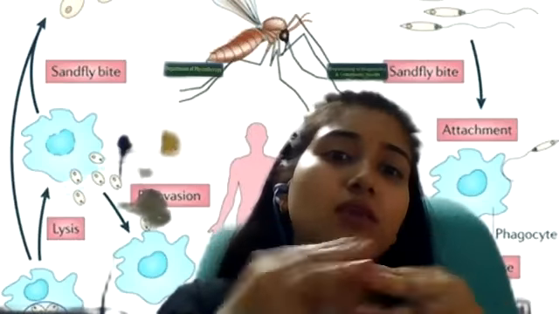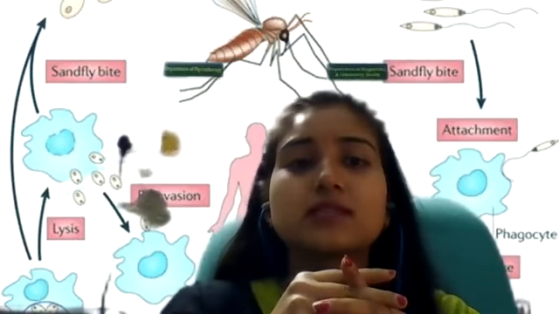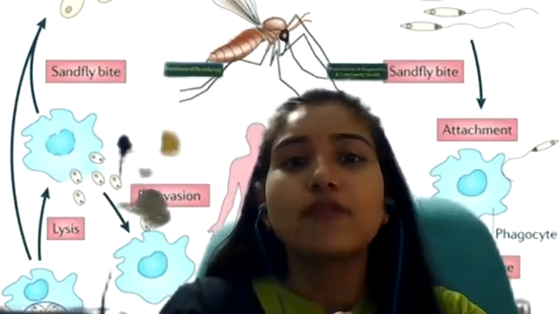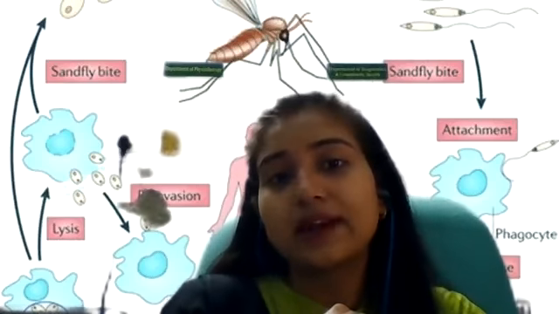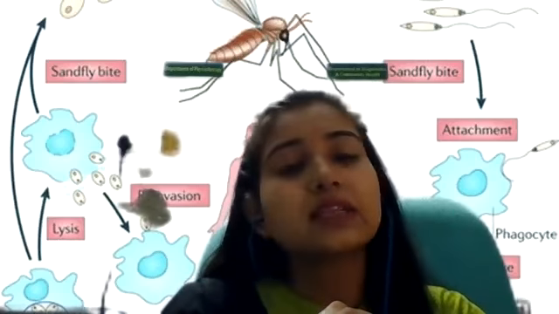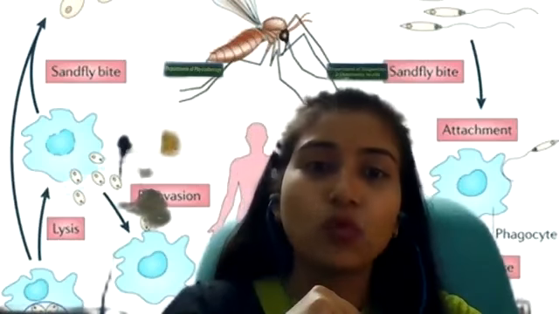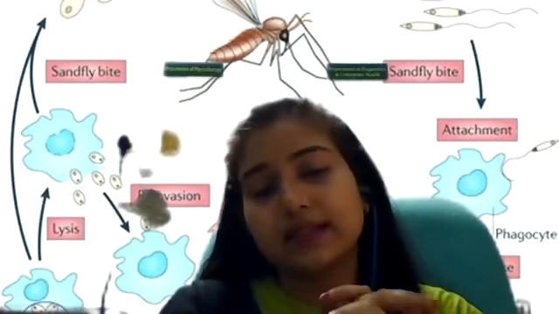Across the tropics, three different diseases are caused by various species of the genus Leishmania. First, visceral leishmaniasis: the Leishmania donovani complex infects internal organs, that means liver, spleen, and bone marrow of humans.